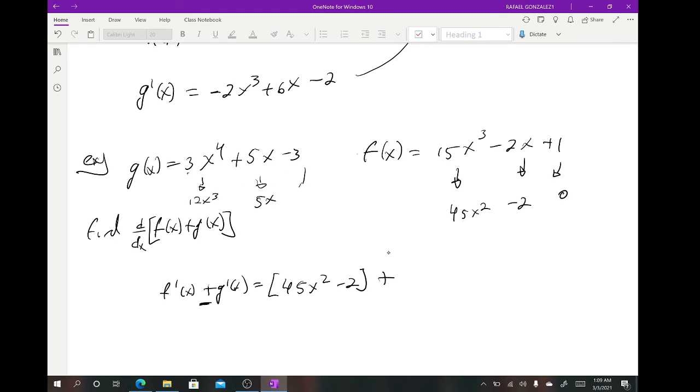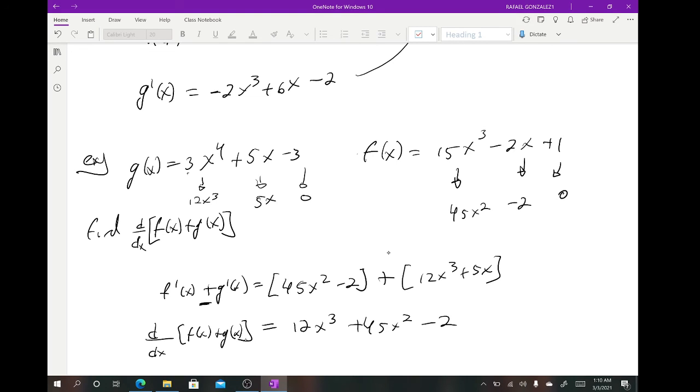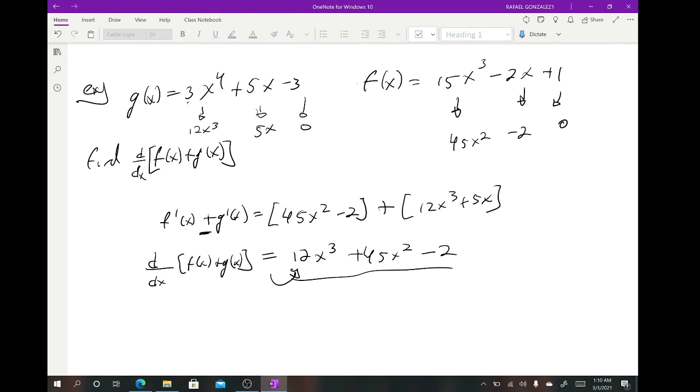Then 5, and then this is 0, so it's going to be plus 12x cubed plus 5. Now we could add like terms, but there is no other cube term, so I'm going to put this in the front as the leading term, plus 45x squared minus 2. So d dx of f of x plus g of x is equal to all of this. Right, so that is how you use these sum and difference formulas when looking for the derivative.